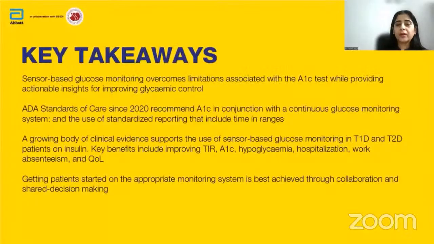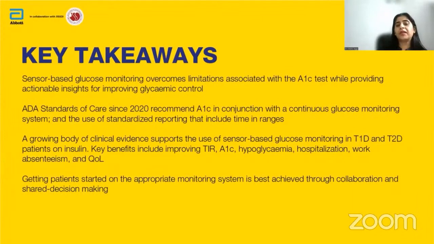So friends, before I conclude, my key takeaways from this module: sensor-based glucose monitoring overcomes the limitations that are associated with the A1C test while providing actionable insights for improving glycemic control. The ADA standards of care since 2020 have recommended A1C in conjunction with a continuous glucose monitoring system and the use of standardized reporting that includes time in ranges.